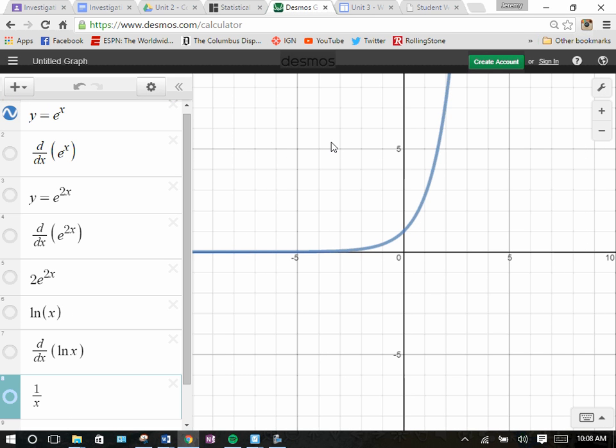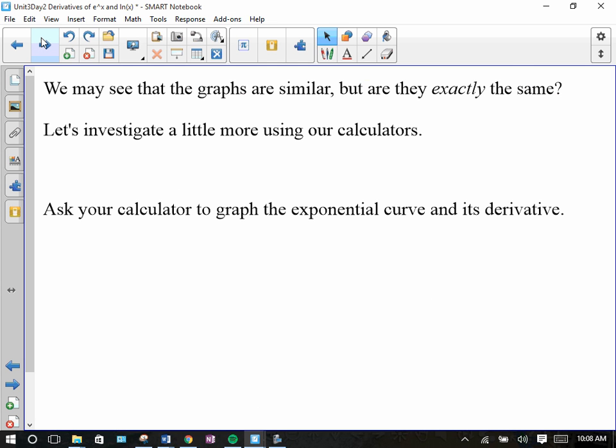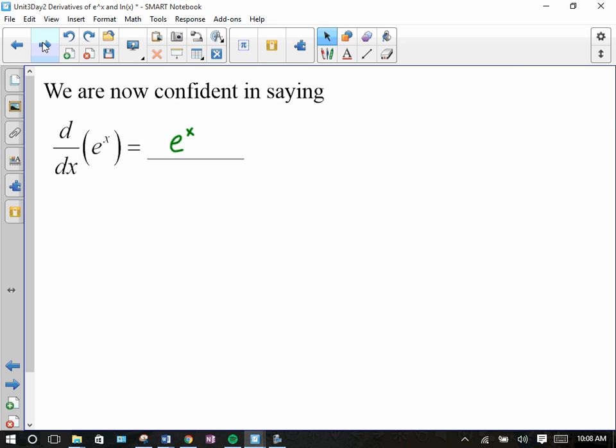Watch this, the derivative of e to the x. It looks about the same, doesn't it? Are you pretty confident that the calculator is telling us that it's the same? It appears to be e to the x. Thank you for the graph. It is e to the x.